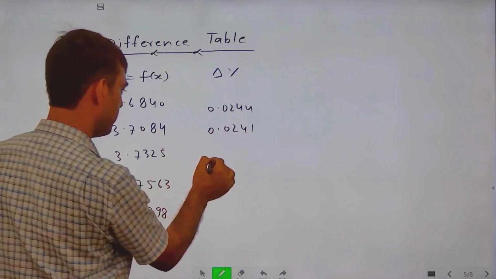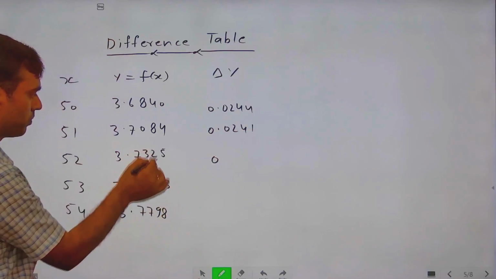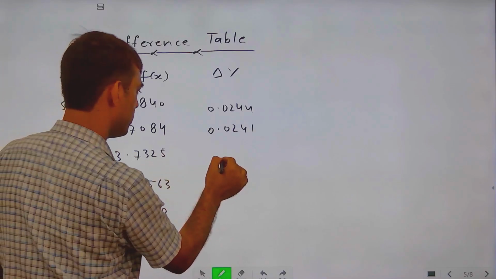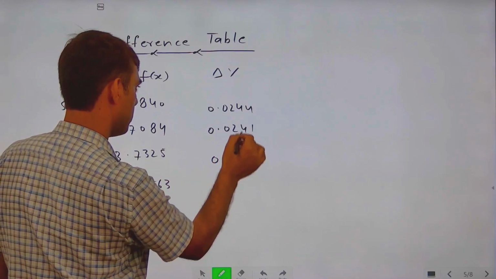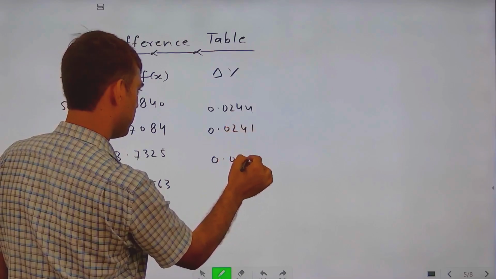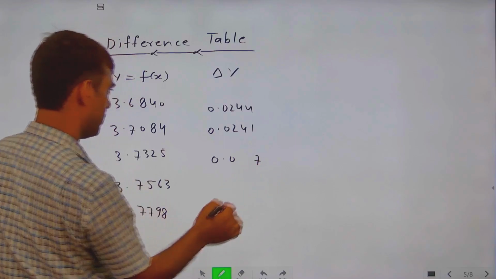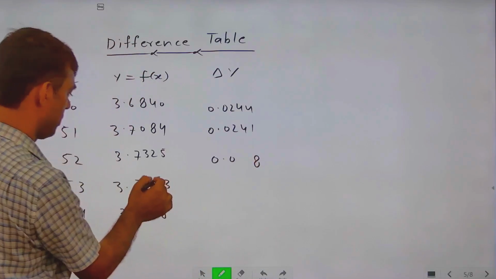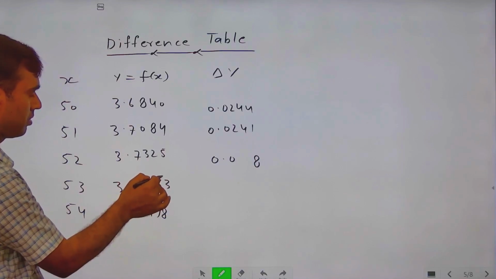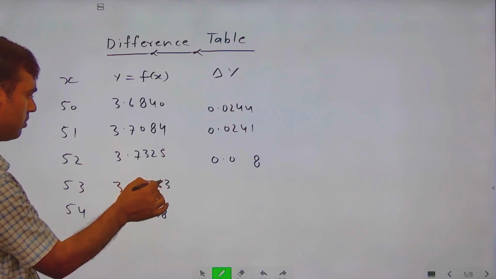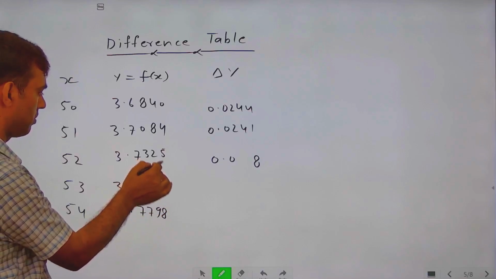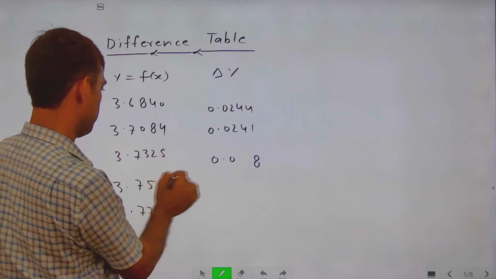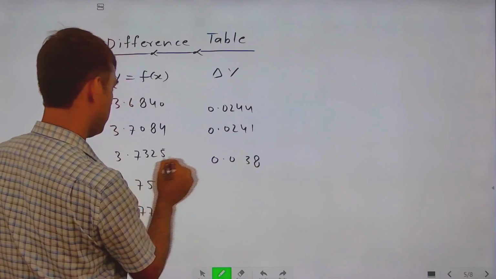In a similar manner, we find the difference of these two. 13 minus 5 is 8, and 5 minus 2 is 3, and this one is 2.